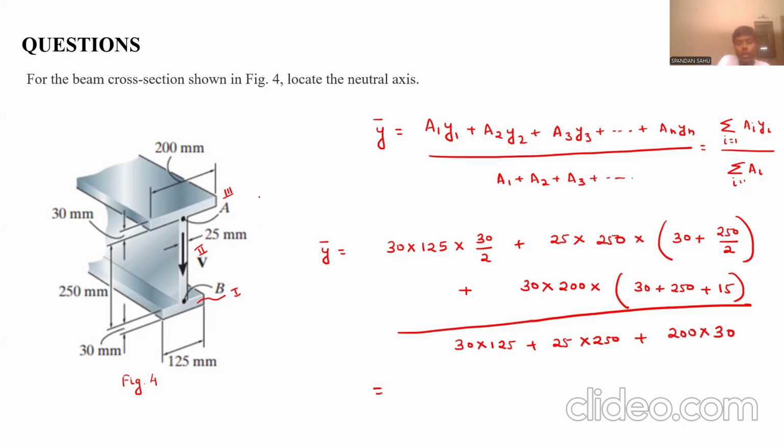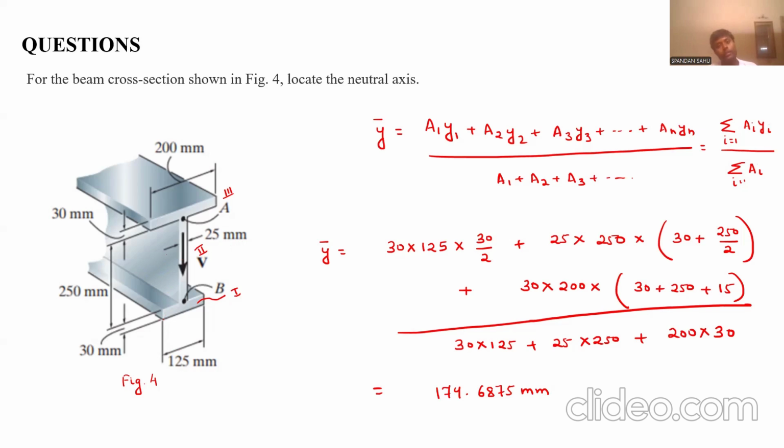Some people are saying 175, but it is 174.6875 mm. And that is with respect to the bottom reference axis. So from the base of the bottom flange, the neutral axis will be located at 174.68 mm above.